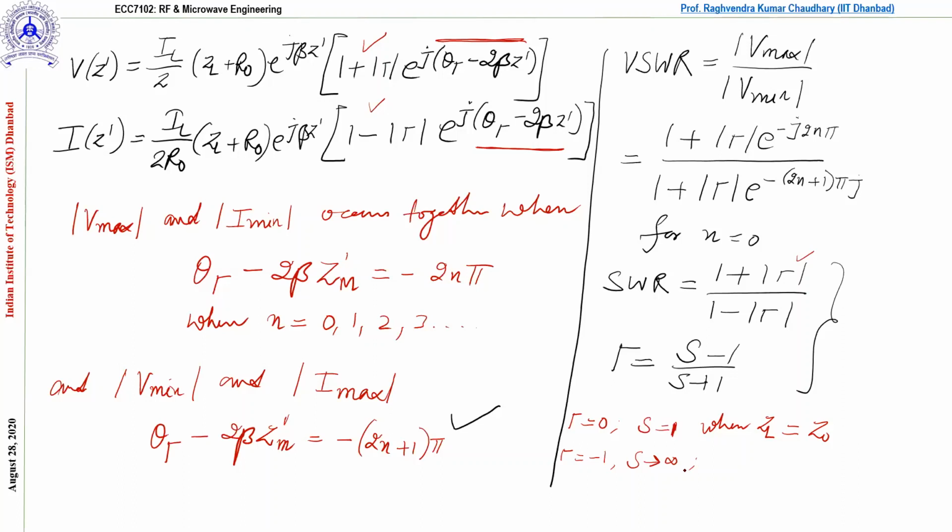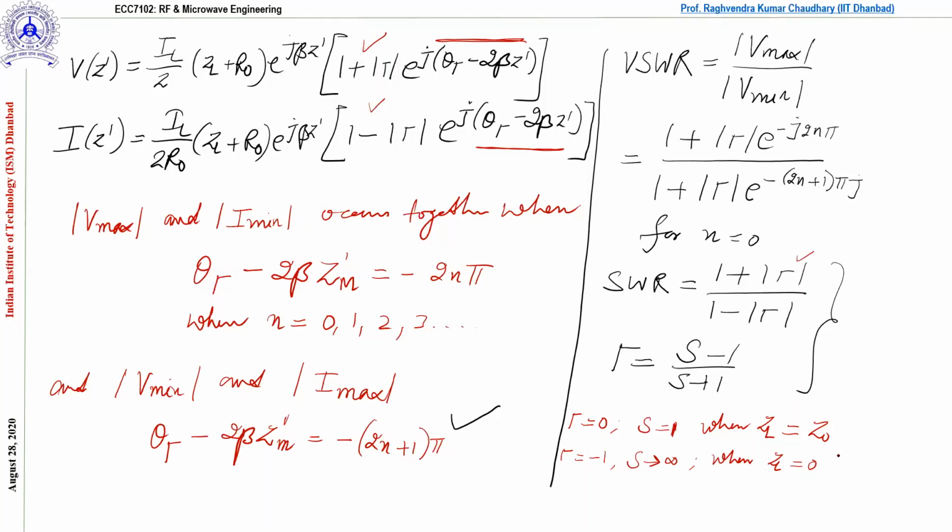Now, when S is tending to infinity, ZL will be 0. Only then is this possible, because gamma is ZL minus Z naught over ZL plus Z naught. So gamma is minus 1 when ZL is equal to 0, which means short circuit.